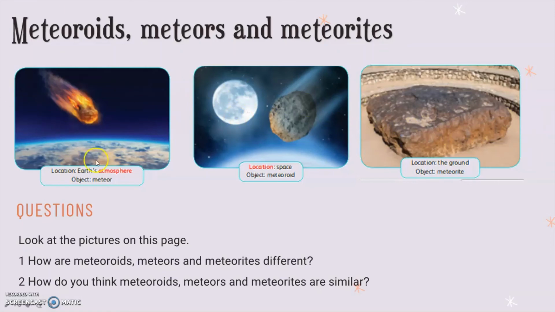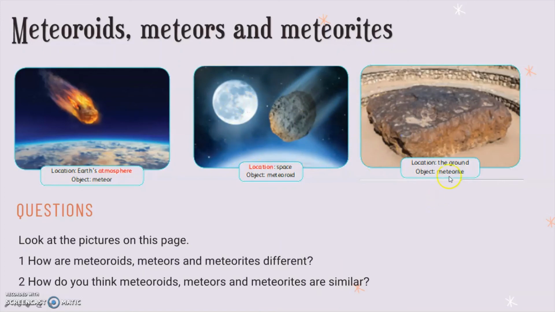Okay, you can see in this picture or description in this picture. Meteor, location on Earth, atmosphere. Meteor in Earth atmosphere, but meteoroid in space.